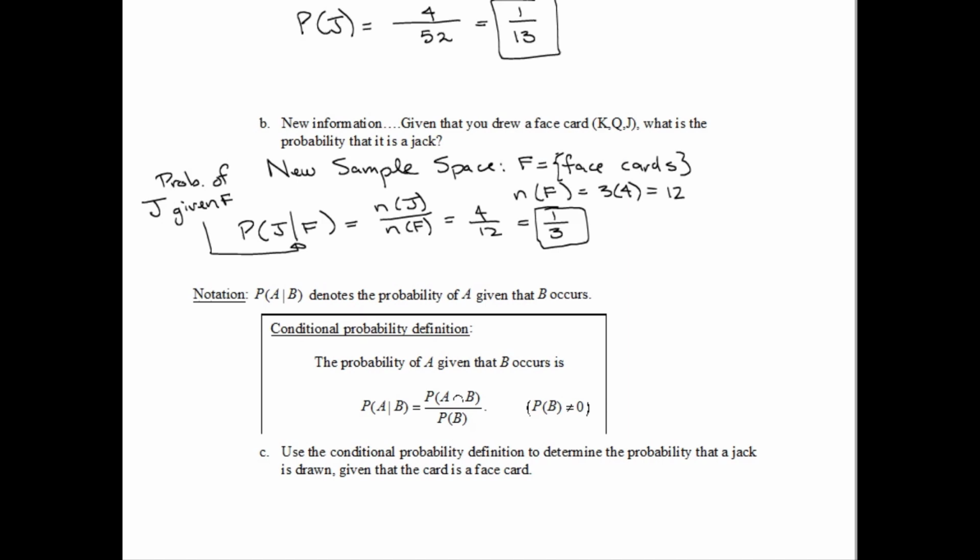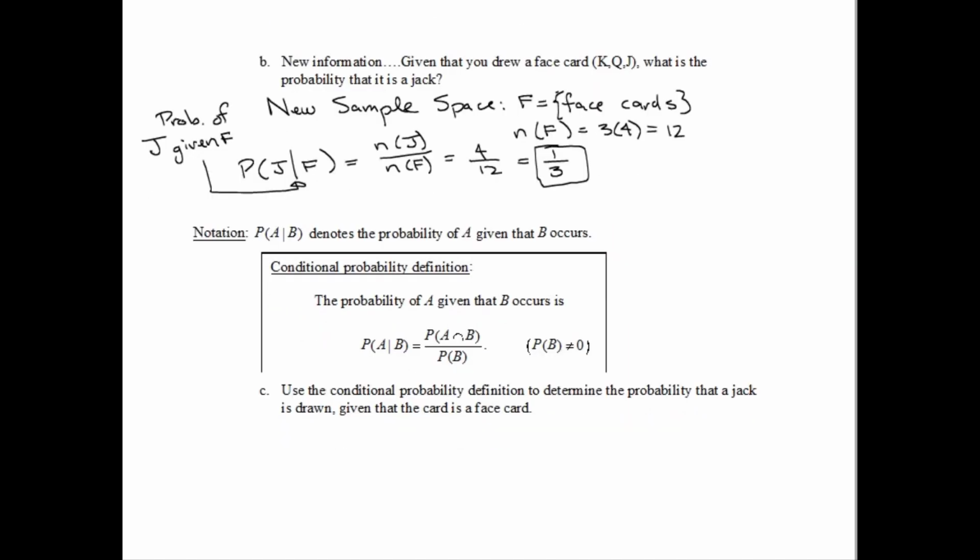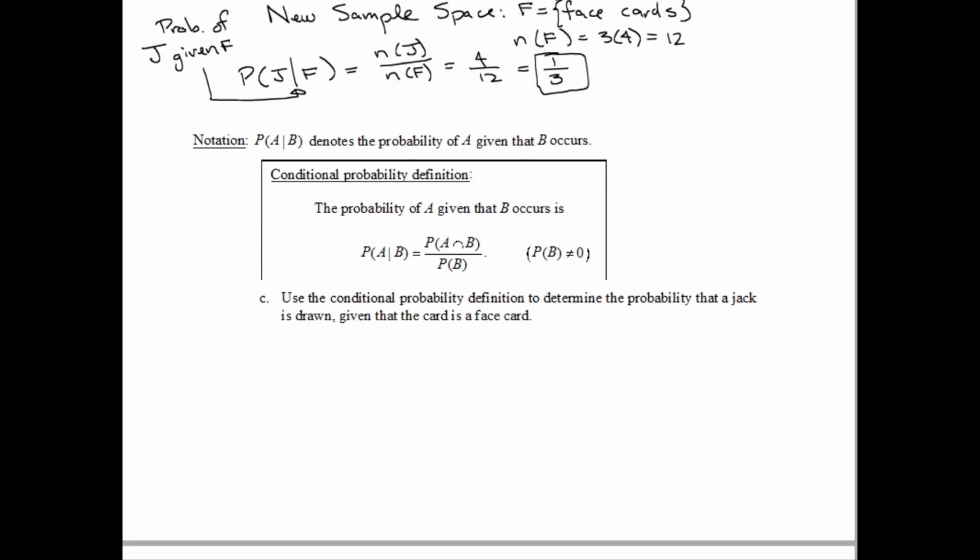Here is a definition for conditional probability, which we've just seen an example of. Probability of A given B denotes the probability that A occurs given that B occurs. And that probability will be the probability of the intersection of A and B divided by the probability of B, the given.